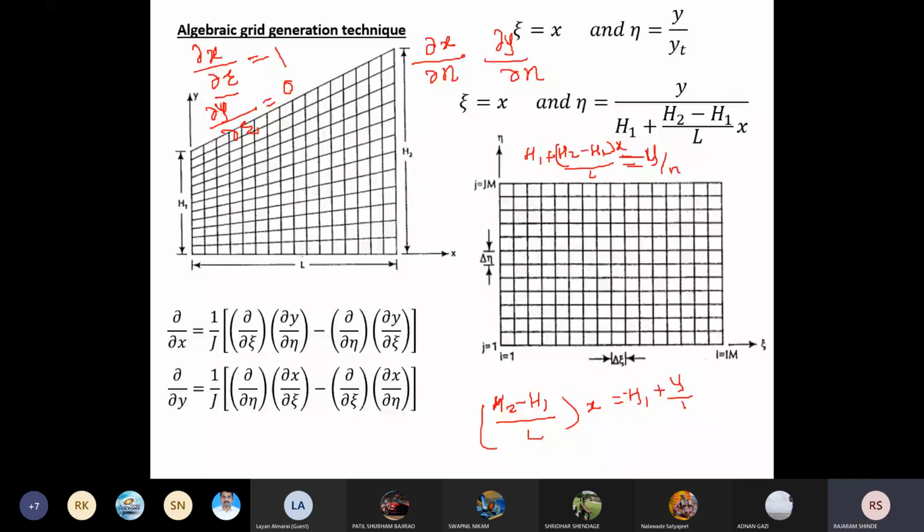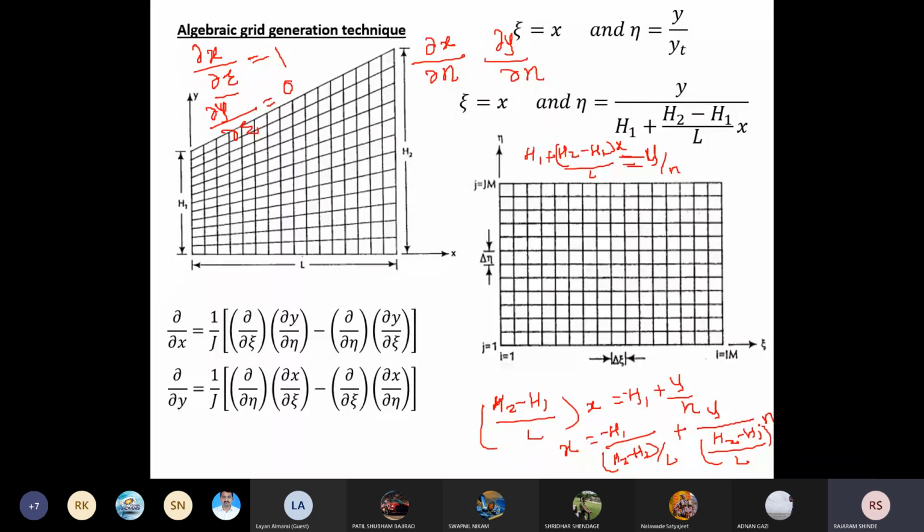Next, x is equal to (h1 minus h1) divided by (h2 minus h1)/L, plus y divided by (h2 minus h1)/L times η.